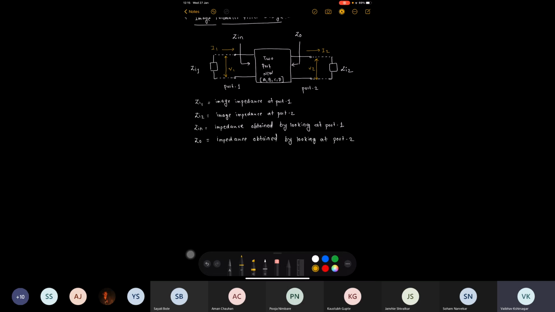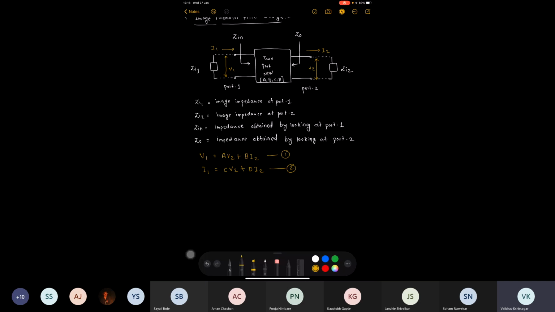We can write voltage V1 in terms of voltage V2 and current I2 as V1 = AV2 + BI2. Let us call this equation number 1. And similarly, the current at port number 1, I1, is represented as I1 = CV2 + DI2. We wrote these equations by taking into account ABCD parameters, the transmission line parameters.